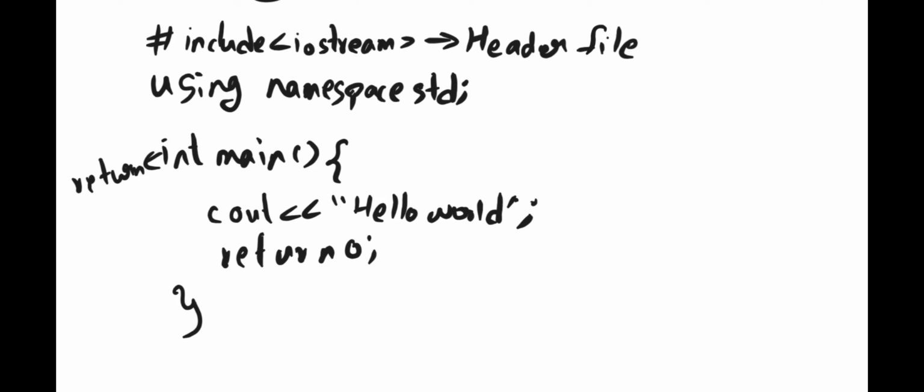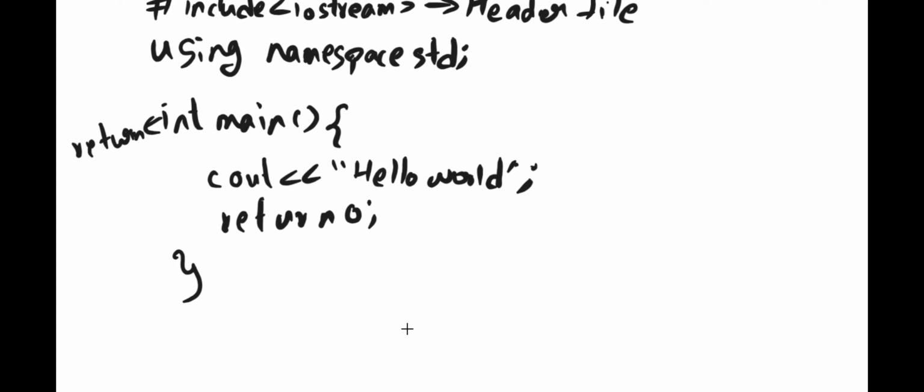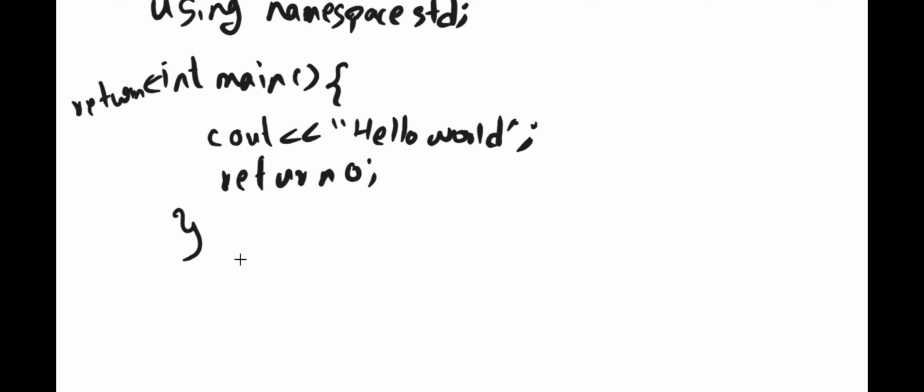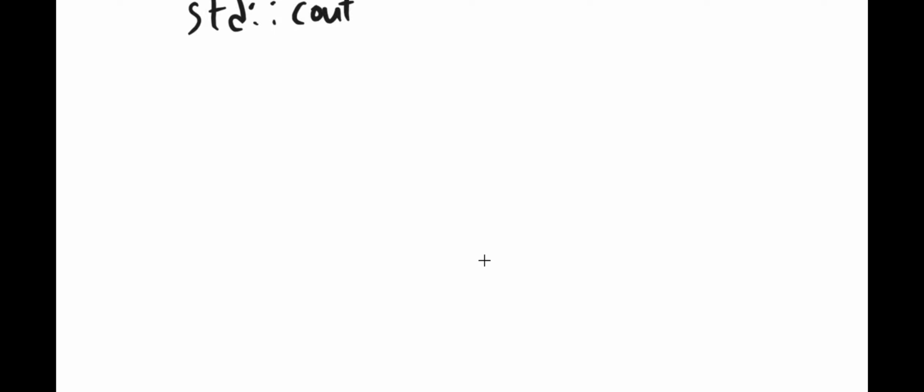This is the main syntax. Coming to using namespace std, if we don't use it, every time we have to write std::cout to print the output of the statement. And as we wrote a semicolon everywhere, if we don't write the semicolon, the statement will not get executed and it throws a syntax error.